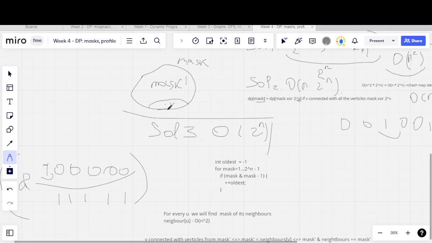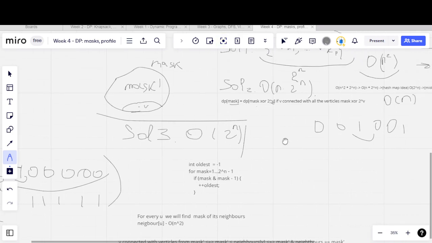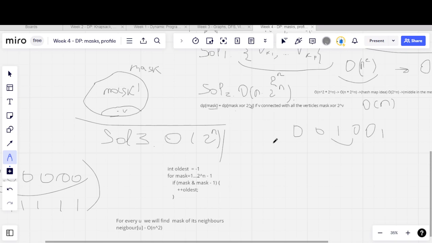We want to always consider only one vertical and go on through all the verticals.